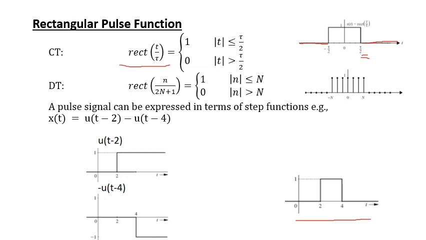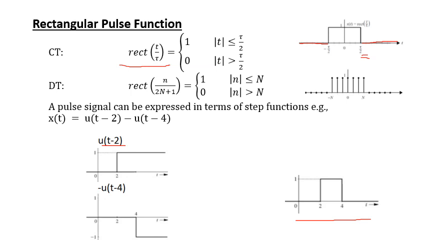To represent this in terms of step functions is quite straightforward. Step function equals 1 when its argument, in the continuous case, is greater than 0. Because in this case it should be 1 from 2 onwards, we can use the shifted step function, which will have a value of 1 when its argument is equal to or greater than 2.